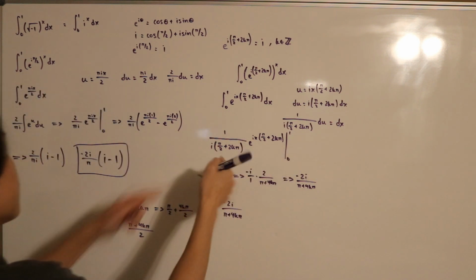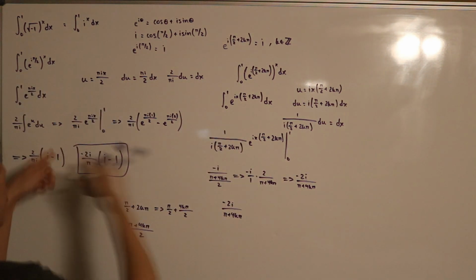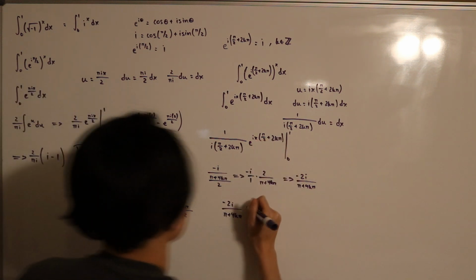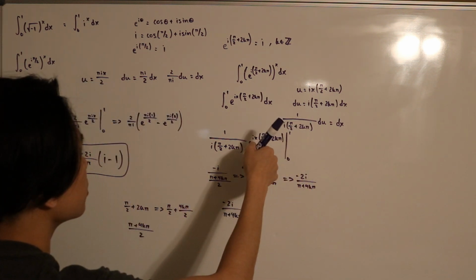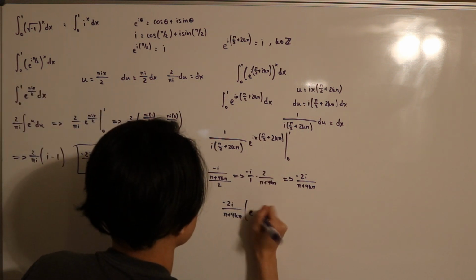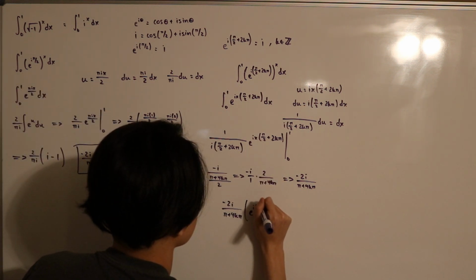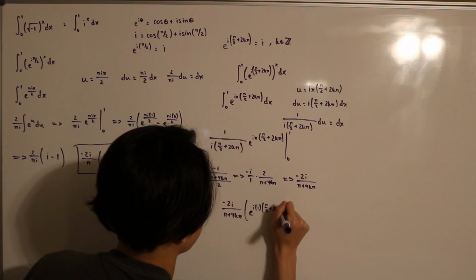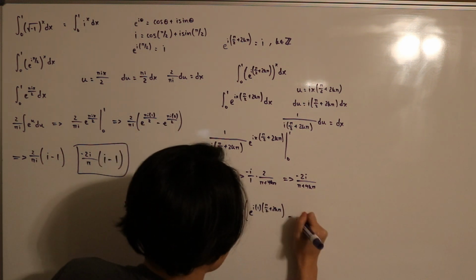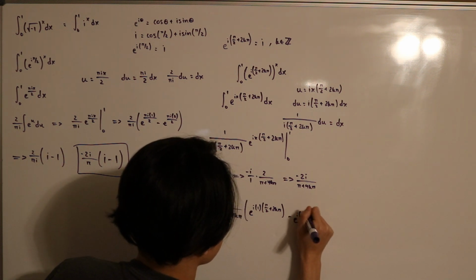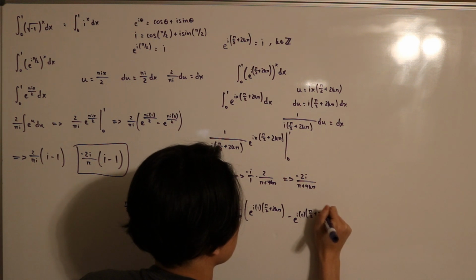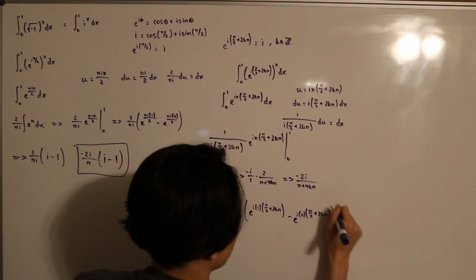We're going to factor this out. It's just like from before, because it's integrating from 0 to 1, we only plug it into the function here. So we plug in 1, so this will be e to the i times 1, times (pi over 2 plus 2k pi), minus e to the i times 0, times (pi divided by 2 plus 2k pi).